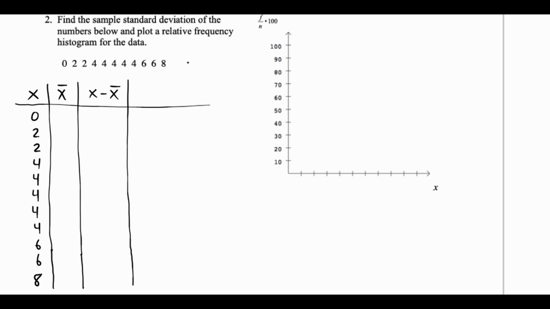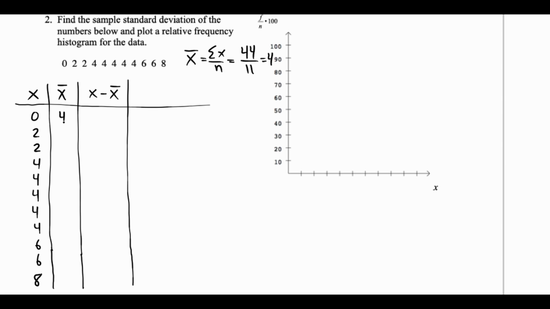I'm going to find the mean of the data using the formula x bar equals sum of x over n. So just add up your 0 plus 2 and all that. The sum comes out to 44. There's 11 data pieces. So I do get 4 out of that.